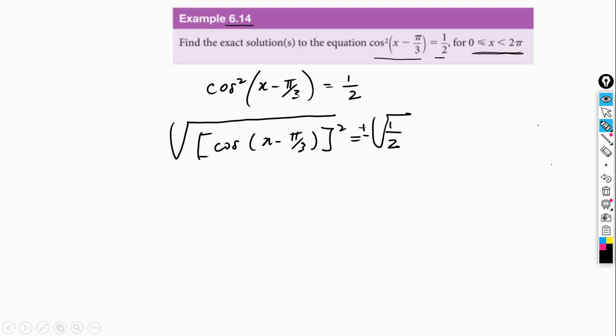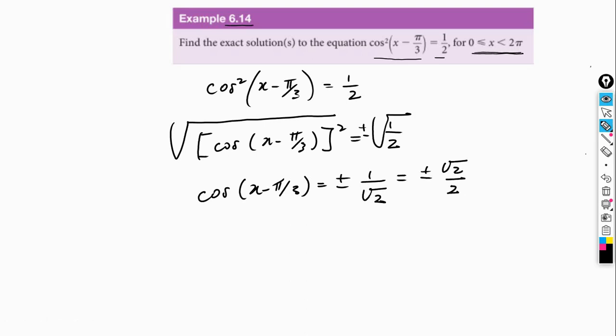So then we end up with cosine of x minus pi thirds is equal to plus minus 1 over square root of 2. Now this is the same as plus minus square root of 2 over 2. So notice that this implies that our reference angle is 45 degrees.